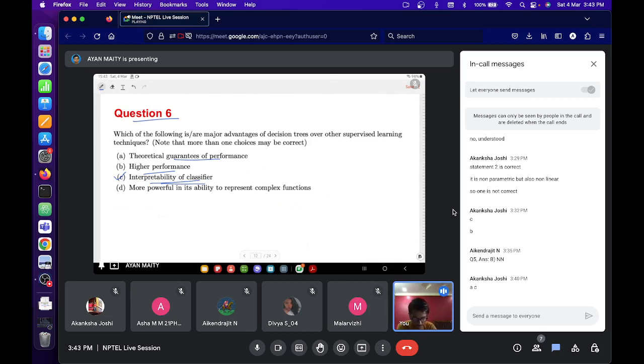So option D is not right. C is the only correct answer, interpretability of classifier. A will not be right because of overfitting and high variance; you cannot guarantee the performance of a decision tree.